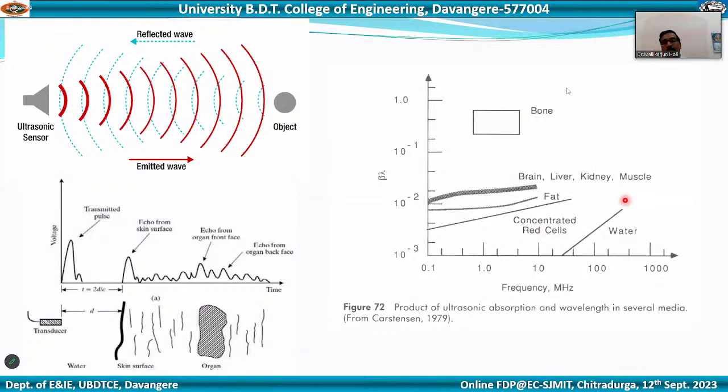Then the fat, red blood cells, water, and other things. The absorption differs for different wavelengths. If I pass ultrasound at different wavelengths, we can generate contrast images of the different parts of the tissue. That is how this ultrasound system works.